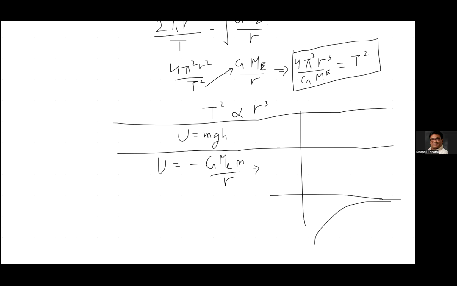But as you go further and further away, the gravitational potential energy becomes less and less negative and closer to zero, and it only becomes zero at infinity. You can imagine that when some object is at infinite distance, at that point, it cannot feel the gravity. It is not captured by the gravity. So its negative potential energy will be zero.